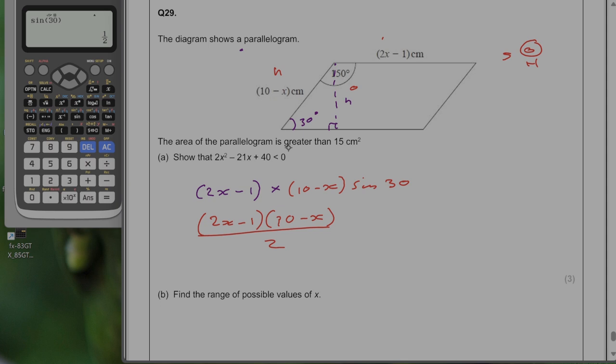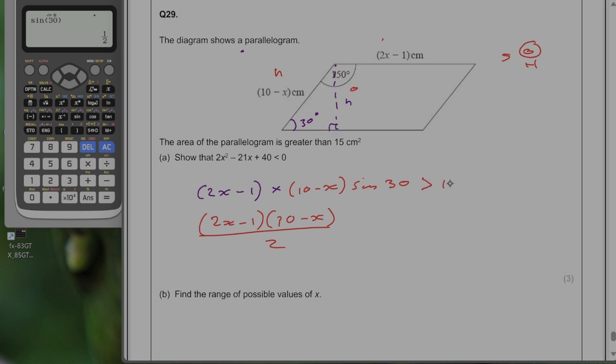And the area of the parallelogram is greater than 15. So it's greater than 15. Which means we're going to expand this bracket and take the 20 over to the other side.